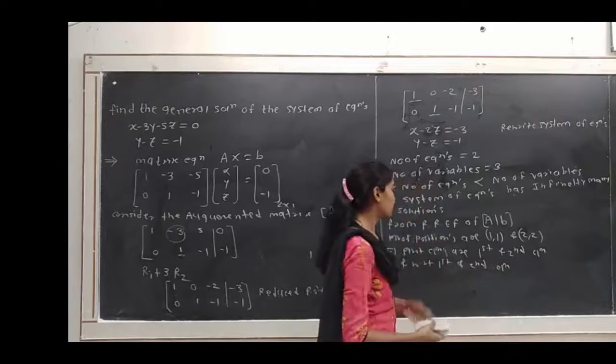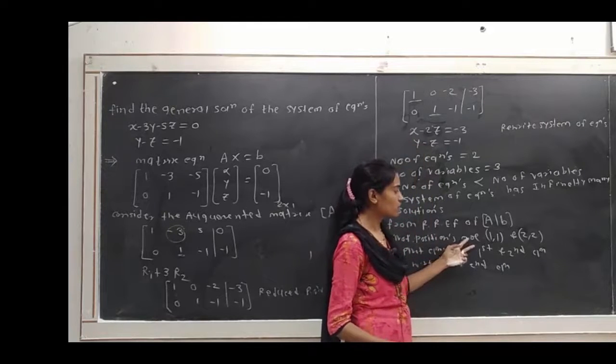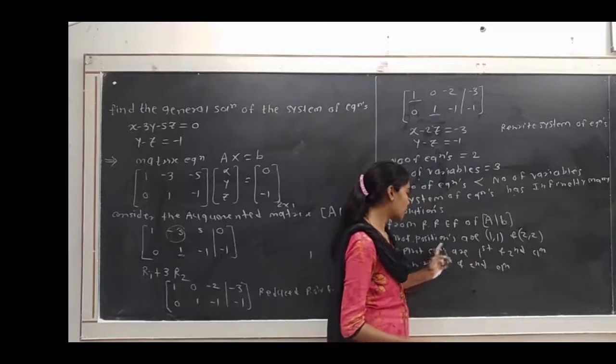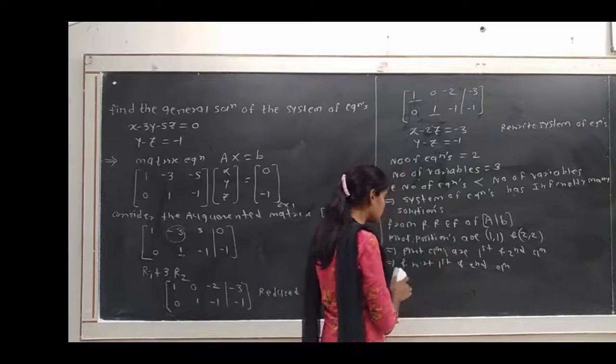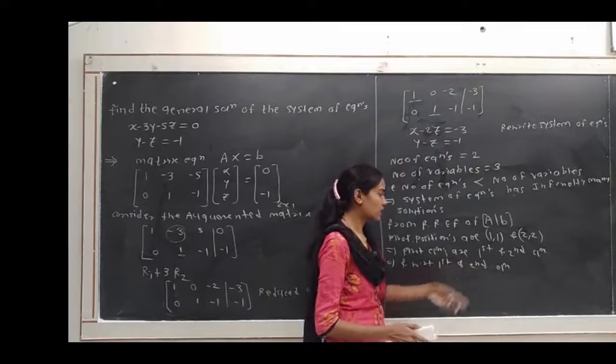So we first find the pivot positions and the pivot columns. Then with respect to the first and second columns, that is, the pivot columns, the variables x1 and x2 are called basic variables.